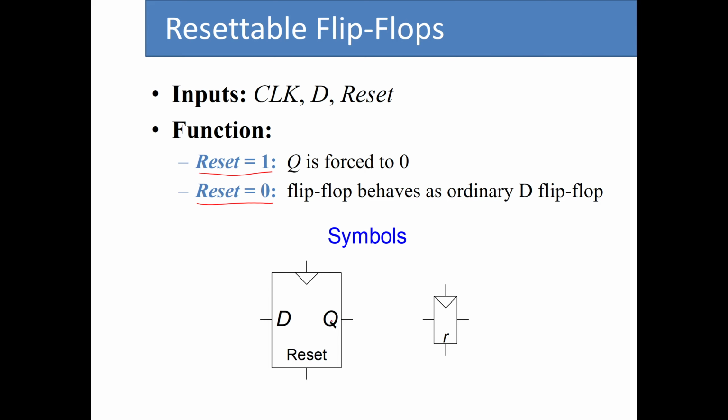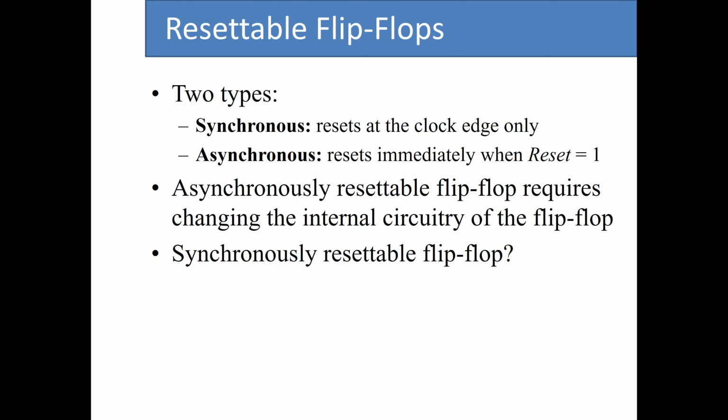So the symbol for a resettable flip-flop is like this. We have the data input, we have the Q output, we have the clock, and then we have this additional input, we call it reset. So now with the resettable flip-flops, there are two possible cases that can happen. We can either have a synchronous resettable flip-flop, or we can have an asynchronous resettable flip-flop. A synchronous resettable flip-flop basically resets the flip-flop on the clock edge.